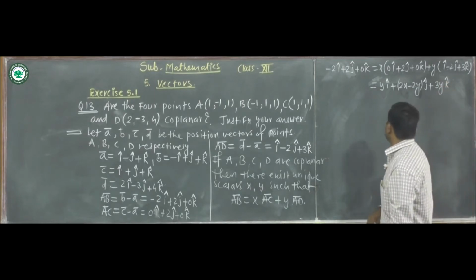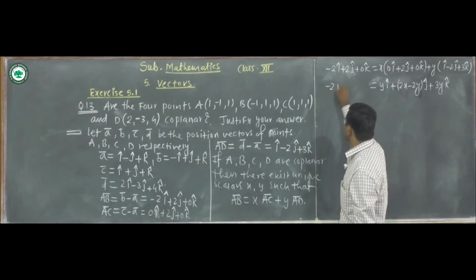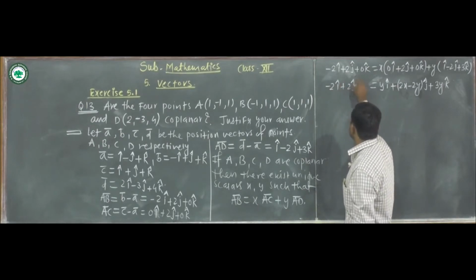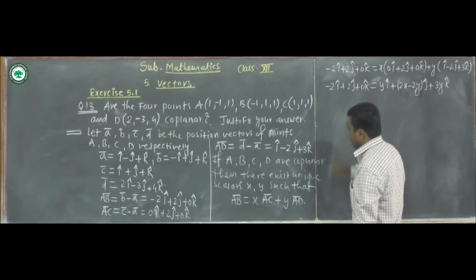This is your right hand side, and left hand side is minus 2 into I cap plus 2 into j cap plus 0 into k cap.